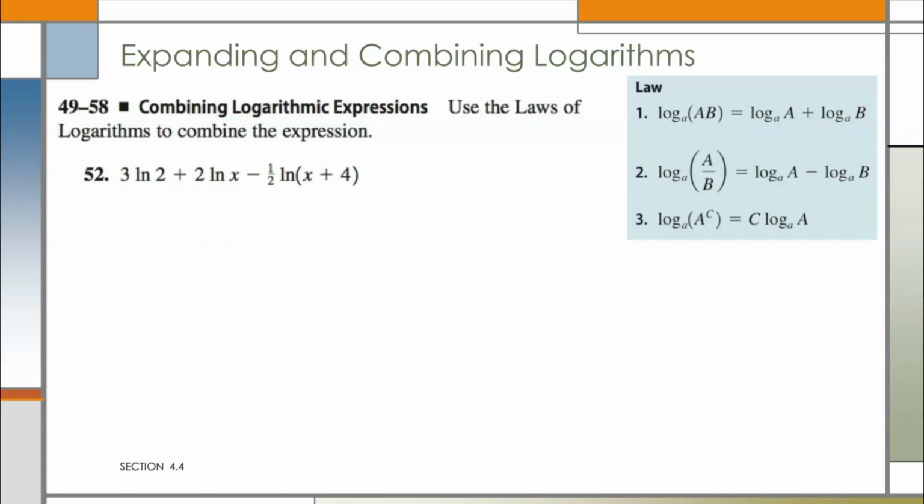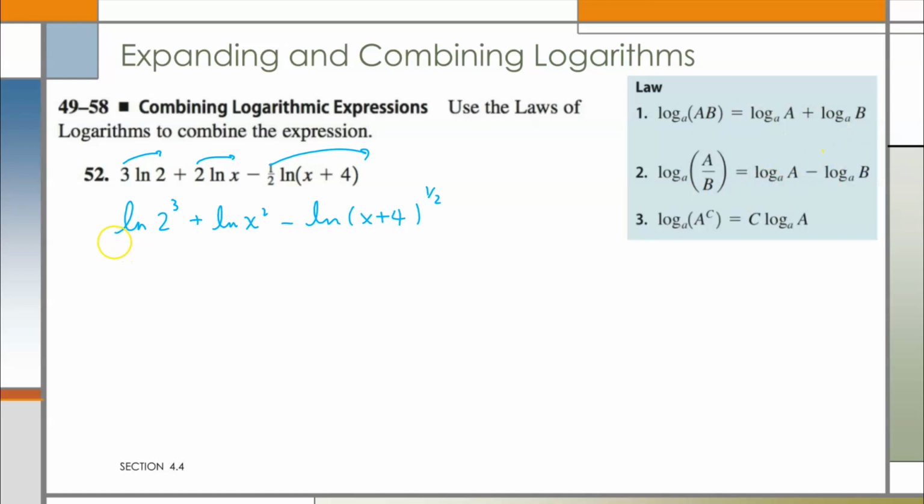Okay, so what we learned from the last example is we take care of exponents first. This 3 comes up to the top. This 2 comes up to the power. This 1/2 comes up to the power. Okay, once I don't have any constants in front of my logarithm, then I can start combining.